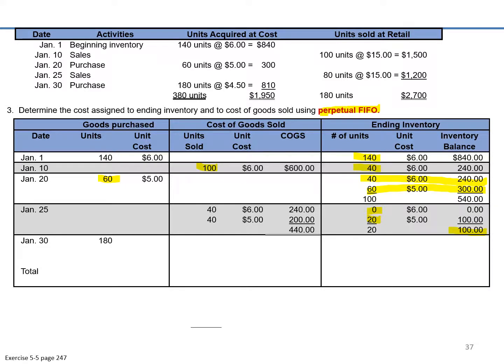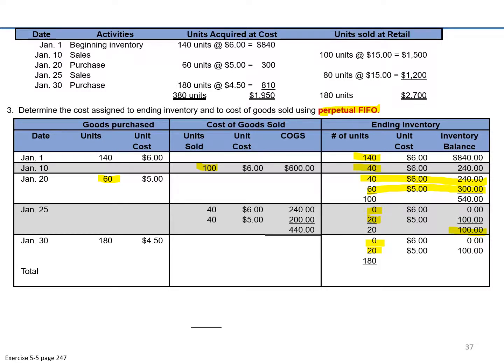Then on January 30th, we bought 180 units at $4.50 each. So now we have 0 from our beginning inventory. We have 20 left from our January 20th purchase at $5 each.